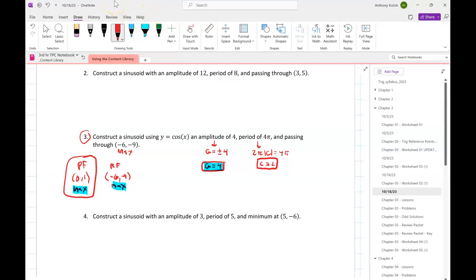If you would have chosen it to be a minimum, then you could make the A negative, and that would be fine. You would not want to choose it to be a midline point because that's going to muck everything up a lot. Because we're doing a cosine function, you really need it to be a max or a min. Could you still do it?